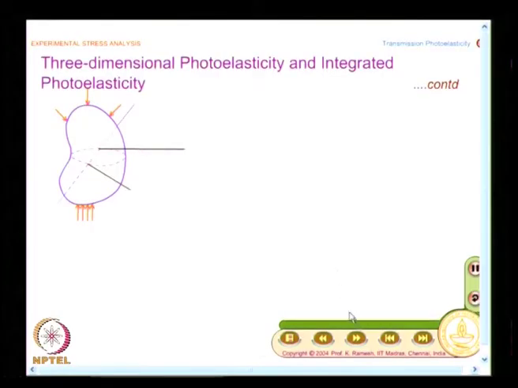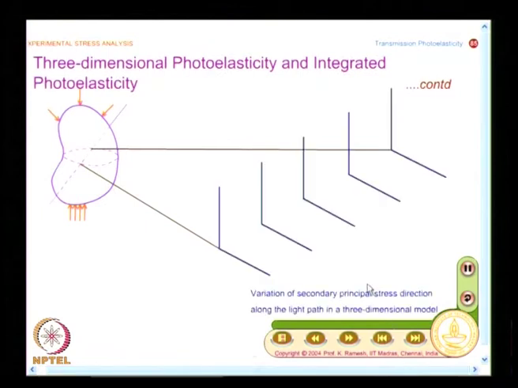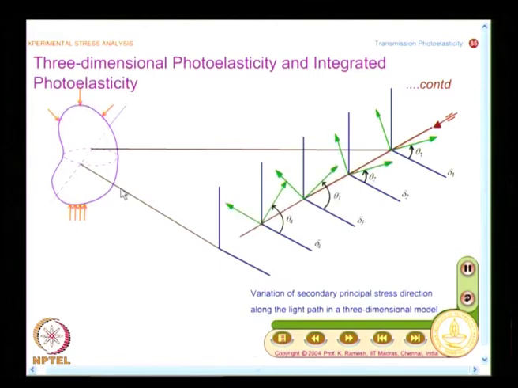Now, let us look at what really complicates our analysis. So, what you have here is a 3-dimensional model, and I have a light path that passes through the model, and this passes through several planes of the model, and this is expanded and a representation is given.